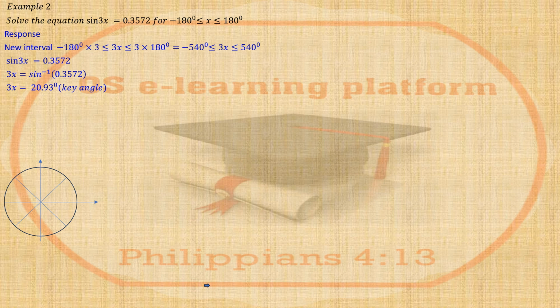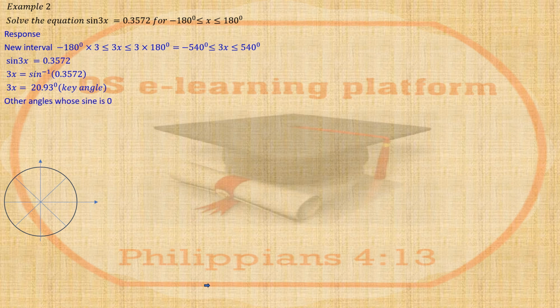Here we are solving for x, not 3x. So learners sometimes misfire by rushing to solve for x, then they use the new value of x here as the key angle and everything becomes wrong. Only one angle will pass, the rest will be incorrect.